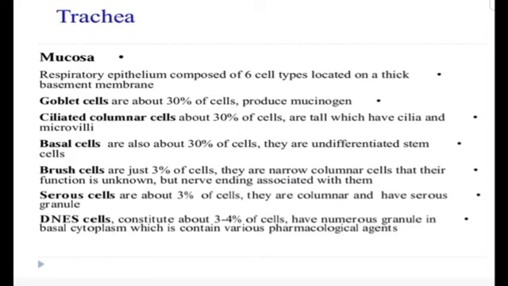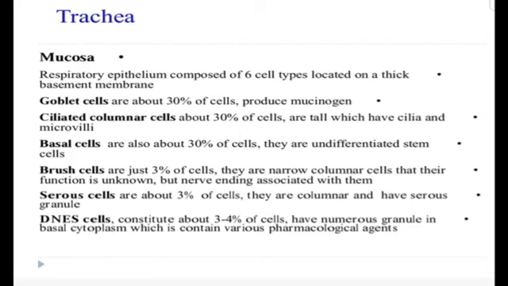The brush cells are just 3% of the cells. They are narrow columnar cells, and their function is unknown, but nerve endings are associated with them, and they are supposed to be neuroepithelial cells. Then we have the serous cells, which are about 3% of the cells, and they are columnar and have serous granules.